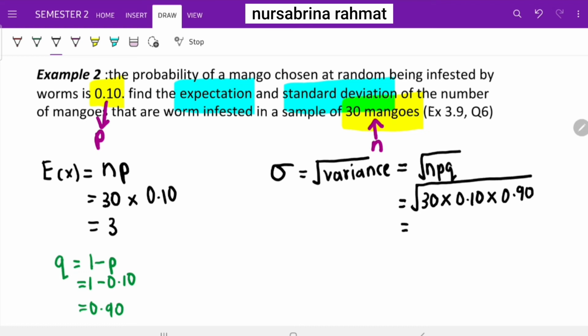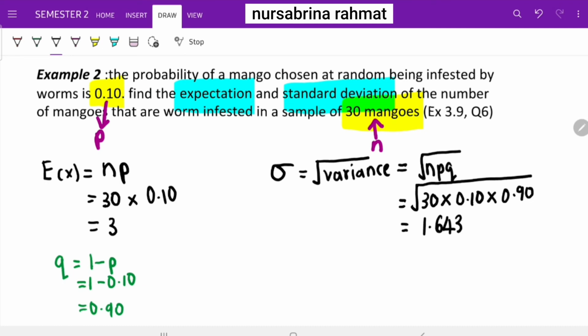If you press your calculator, you will get your standard deviation to be 1.643.